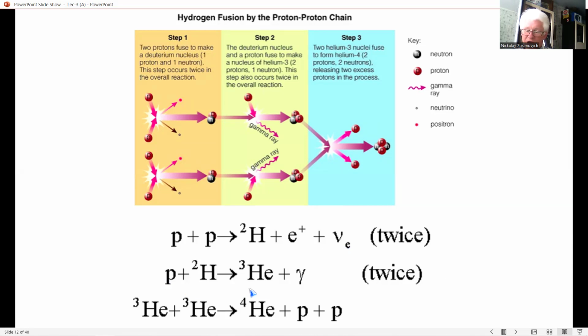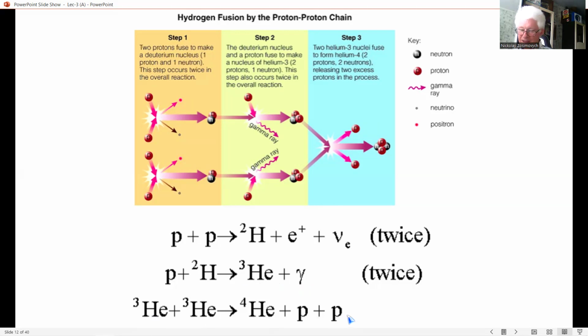In the second reaction, the heavy hydrogen nucleus absorbs another proton, and with emission of a gamma ray, gamma, becomes a lightweight helium nucleus. And finally, two lightweight helium nuclei combine to form a common helium nucleus and two hydrogen nuclei.